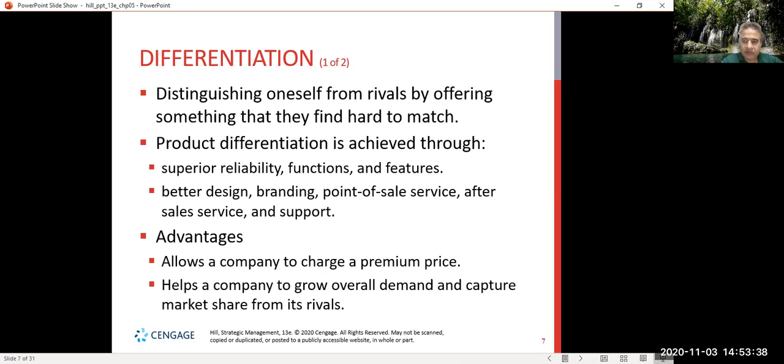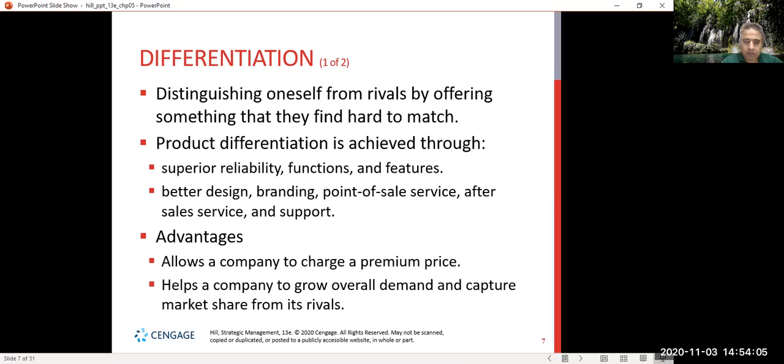Apple iPhones. Apple iPhones basically differentiate their product from their competitors by some superior product features and superior reliability of the product, and also the brand loyalty. And that brand loyalty developed due to the better product features of the iPhones. That could be one example.